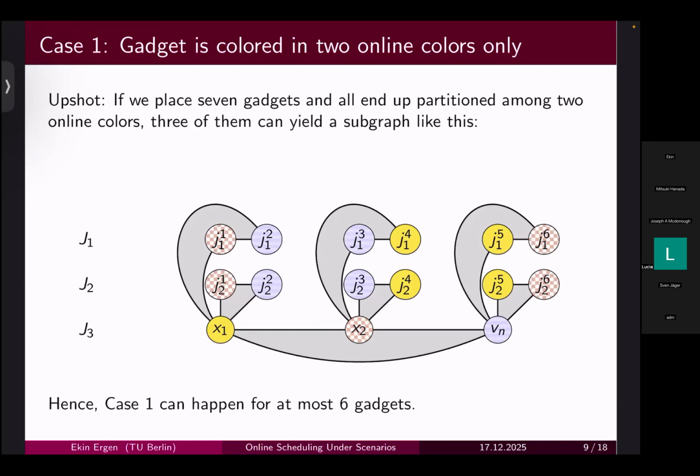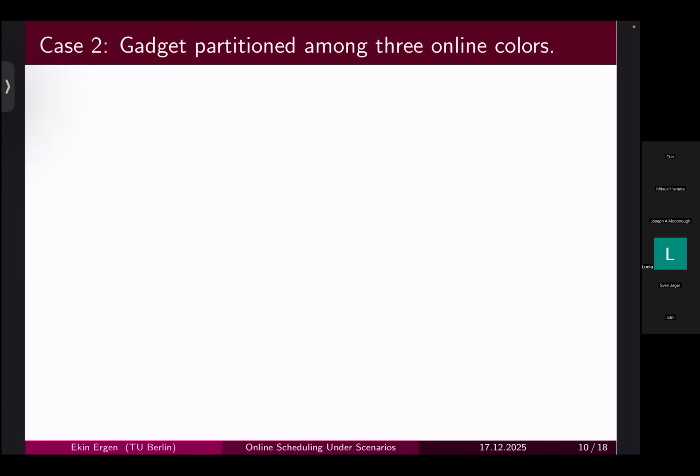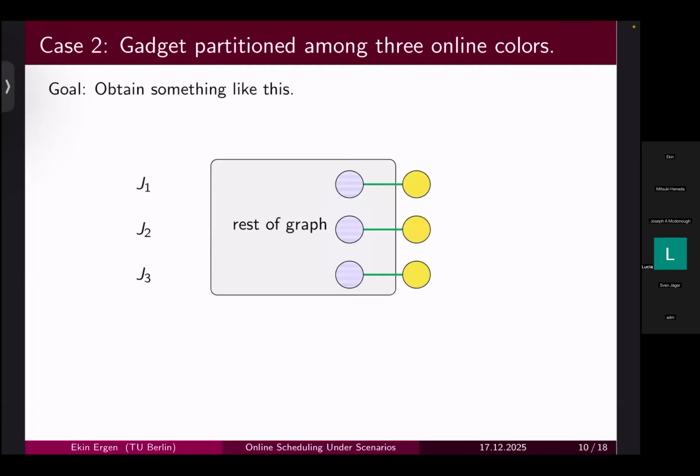Therefore, we will have to look at the other case where the algorithm uses all 3 colors to color this gadget that we release. This is a bit more complicated, but we still want to obtain the same situation. So this is what we had at the end, right? We had some hypergraph.